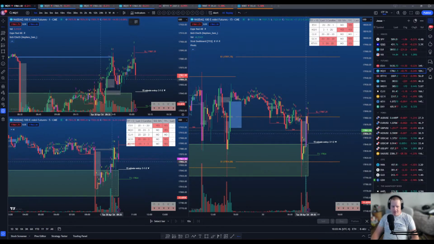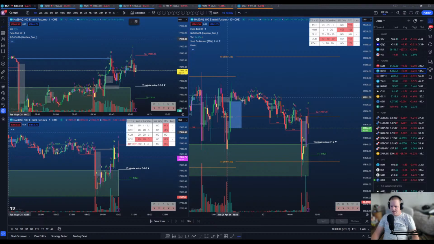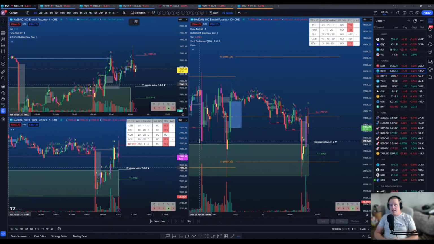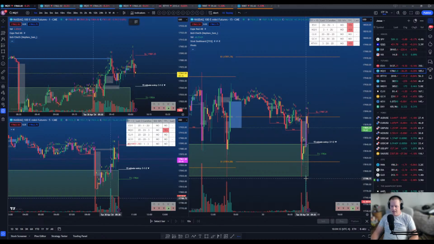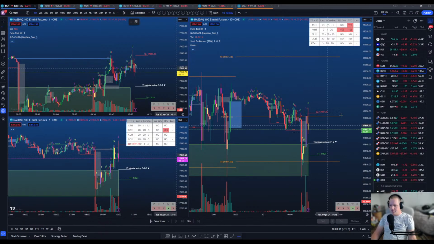Or you can say what candle. 17,993. 17,933. No, not correct. Think A plus setups. What is the exact setup I would be looking for longs? Where's my line in the sand of where I'm looking longs versus shorts?